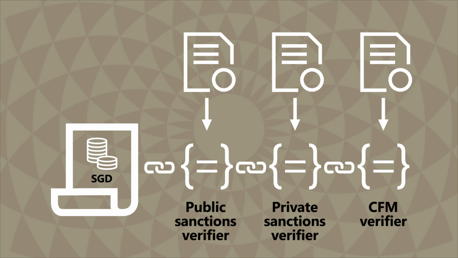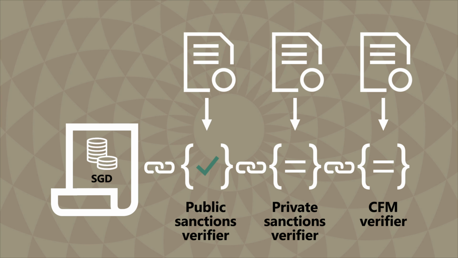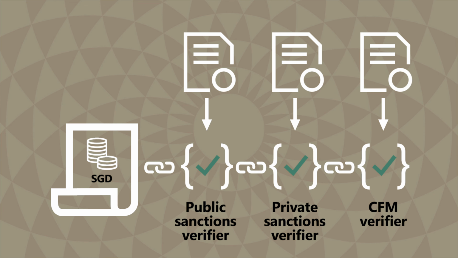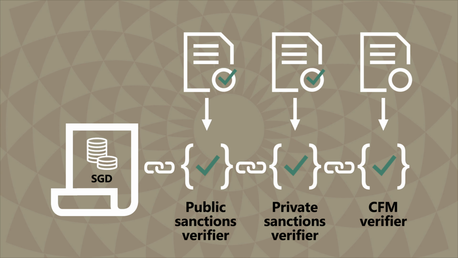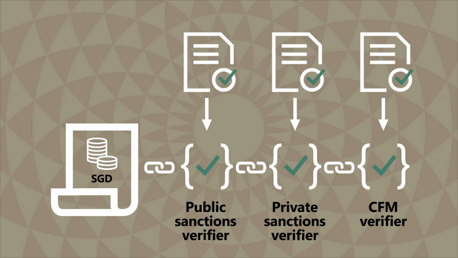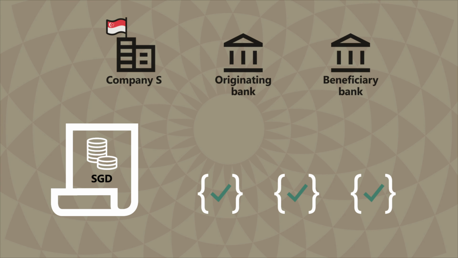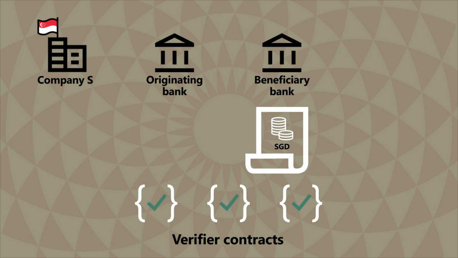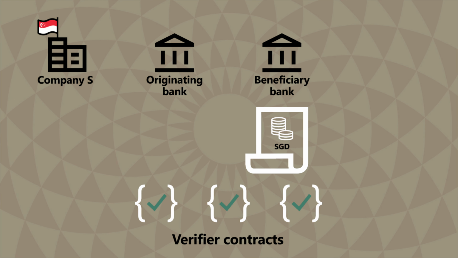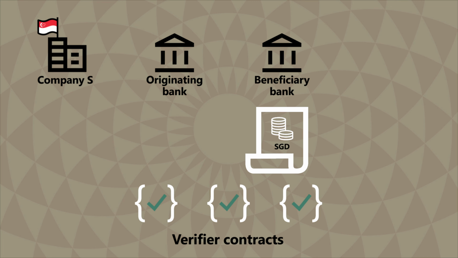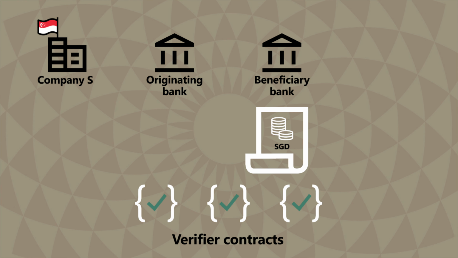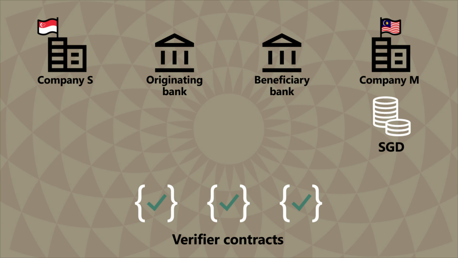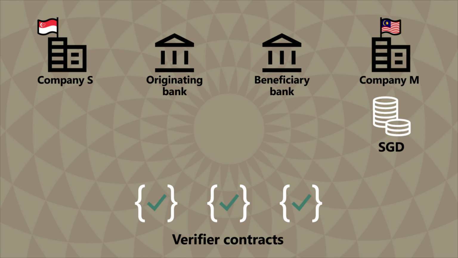The verifier contracts check that the hash of the public sanction list matches the latest version, the content of the signed message is correct, and the signatories are authorized. Once the verification is completed by these contracts, the wrapped SGD is transferred to the Malaysian bank's account. The beneficiary bank then checks that all proofs have been successfully verified, upon which the SGD token gets unwrapped and credited to the beneficiary bank's account, ensuring the transaction is secure and compliant.